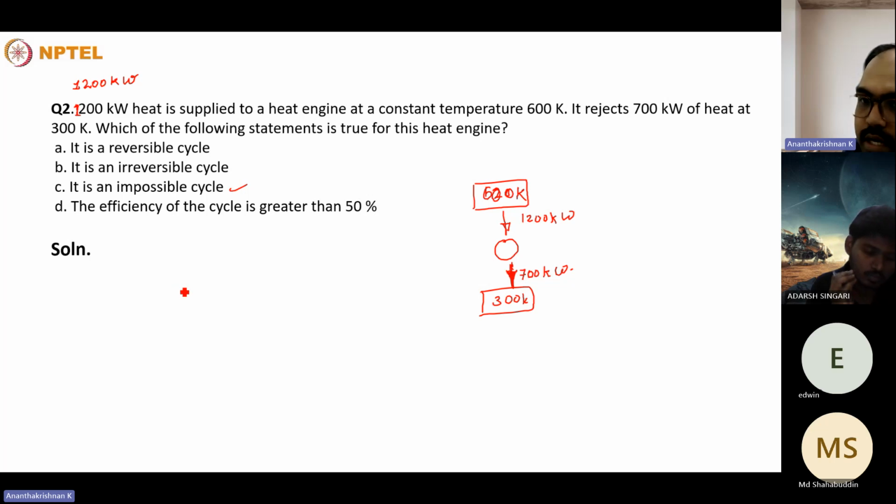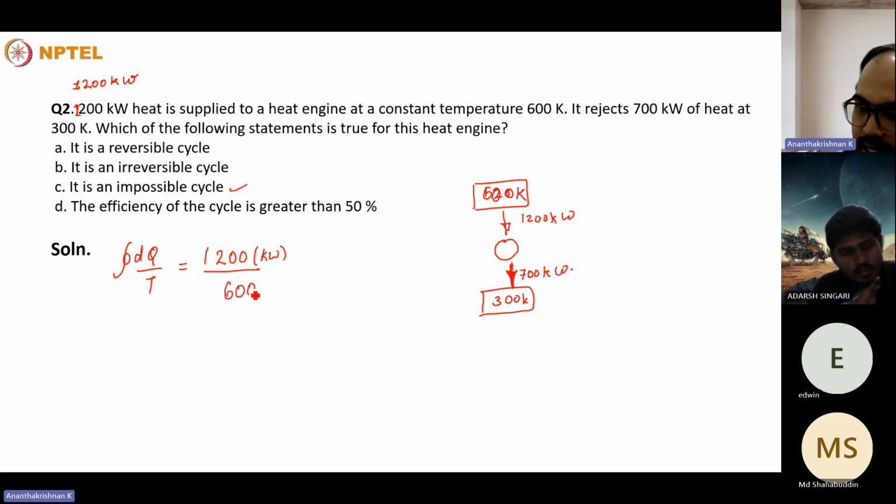So what we can do is calculate the cyclic integral of dQ divided by T for this cycle. With respect to the cycle, the amount of heat that is input will be taken as positive, that is 1200 kilowatt divided by the temperature, 600 Kelvin.